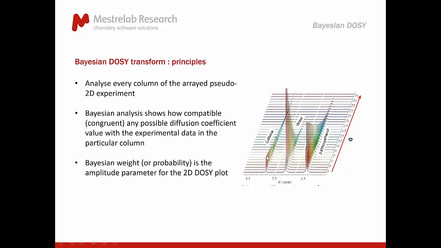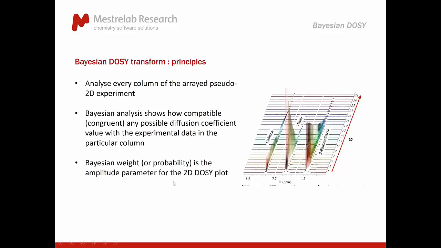So basically, how probable is it that our decay, or not decay, or just a straight line function, has this particular diffusion coefficient. This is a part of the Bayesian analysis, and what we get at the end is a probability of finding this diffusion coefficient within this set.